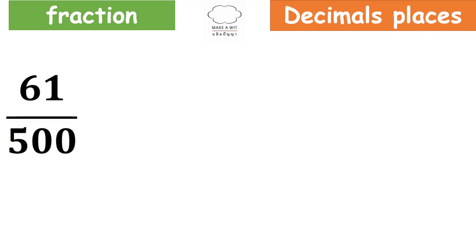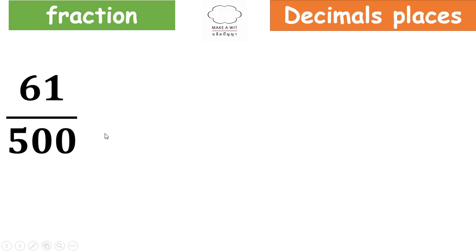And this one, 61 over 500. How to change it to 10, 100 or 1000? 500, so do we change it to 10, yes or no? No. So do we change to 100? No. But we have to change 500 to 1000.